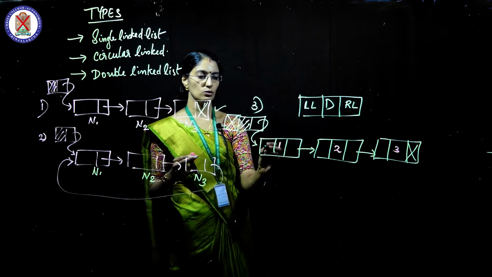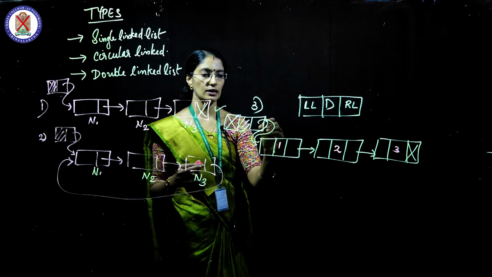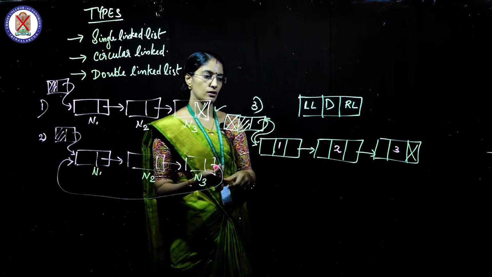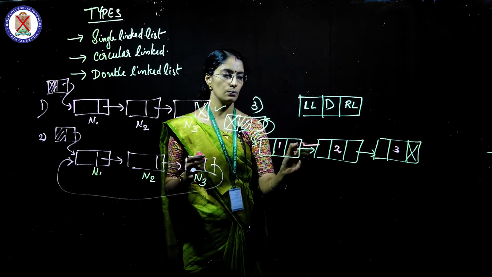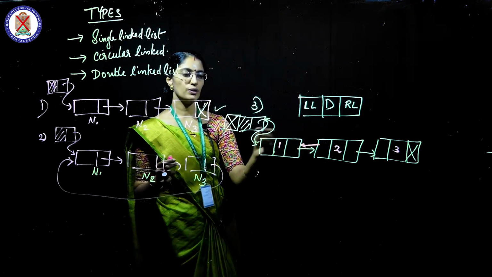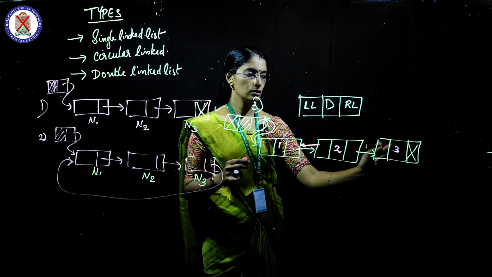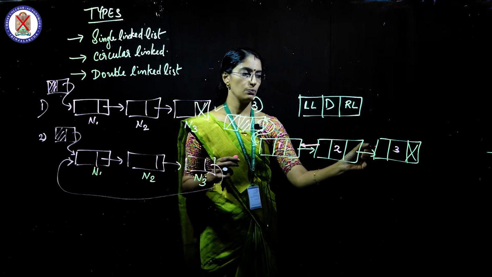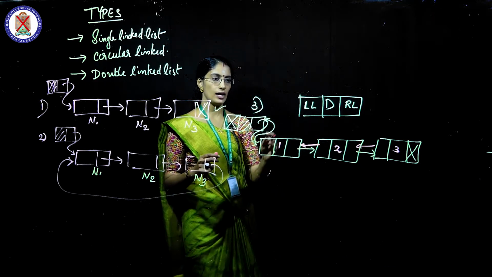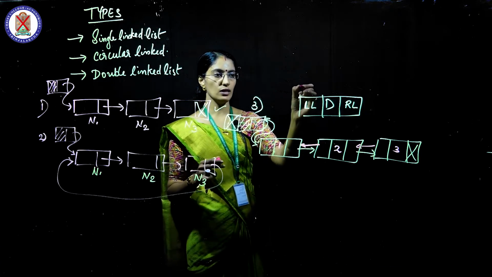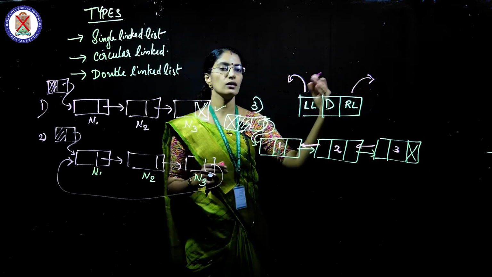The left link of the first node will be pointing to the header node. The left link of the second node will be pointing to the previous node, that is the first node. The left link of the third node will be pointing to the second node. So the left link holds the address of the previous node, and the right link holds the address of the next node.